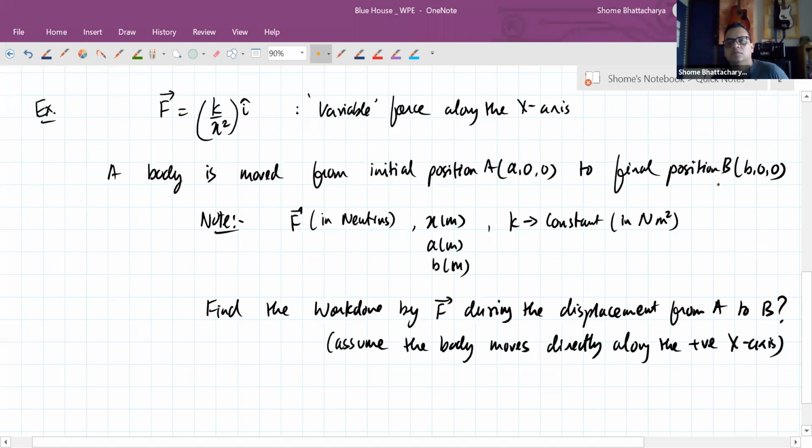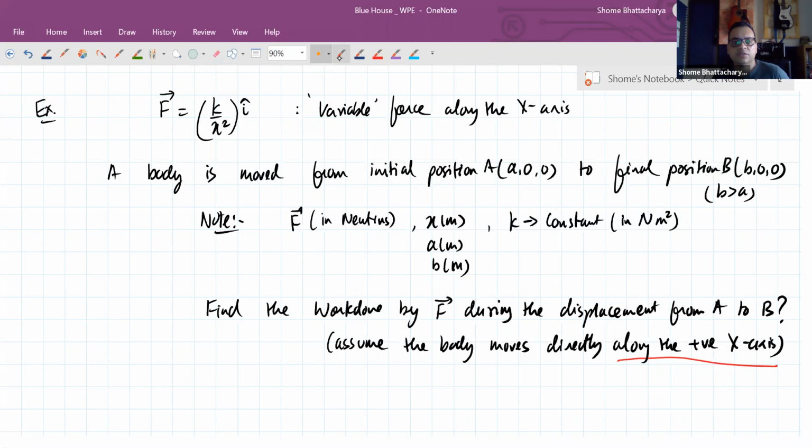B is greater than A. We'll discuss what happens if this assumption is not in place, that is, if it does not move along the positive x-axis. We'll discuss that case also, but let's start with this.